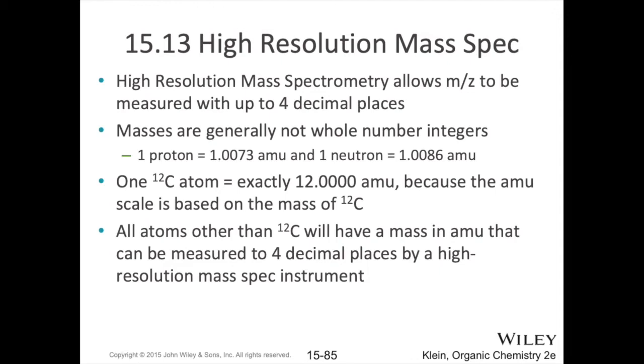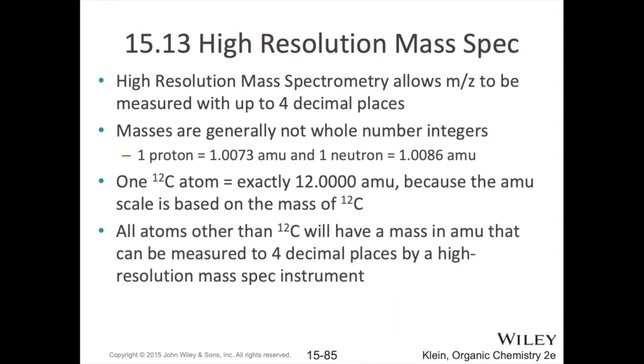All right, so in addition to just regular mass spec, it's possible to do what we call high-resolution mass spec. So not only do we just see that m/z ratio, but we actually go to more significant figures. We measure up to 4 decimal places, and that really helps us nail down the difference in isotopes.